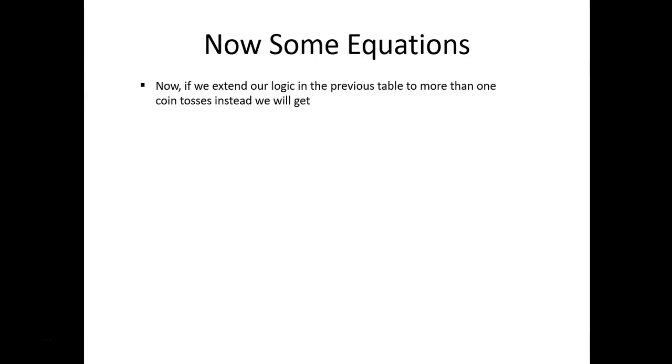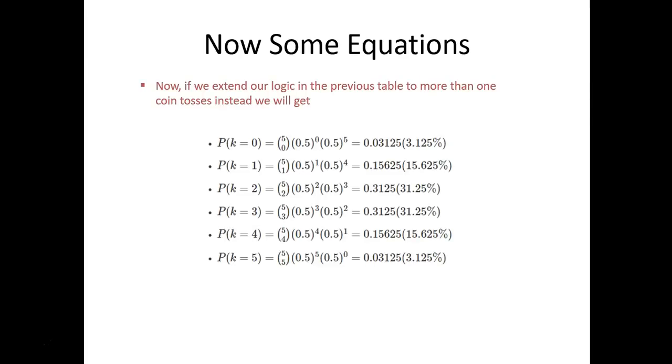So I'll show you some equations now. If we extend our logic in the previous table to more than one coin toss, we'll get this. So probability of 0 heads is basically 5C0, 0.5 to the power 0, 0.5 to the power 5.